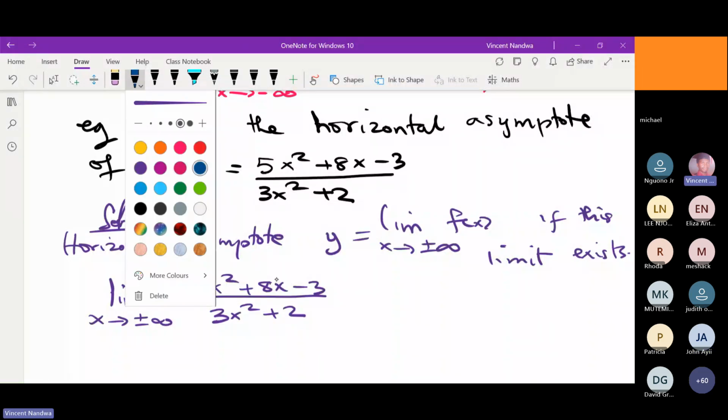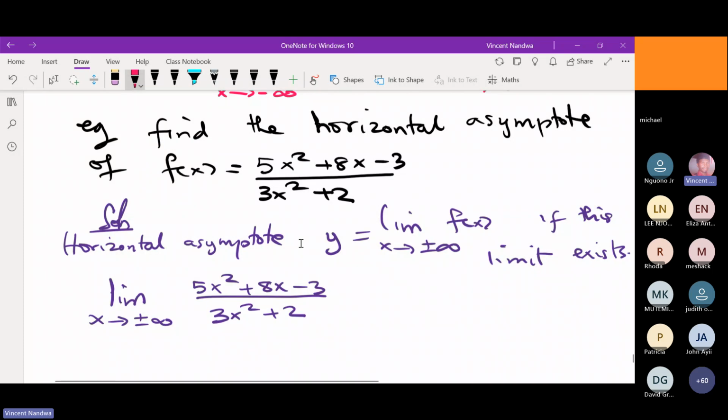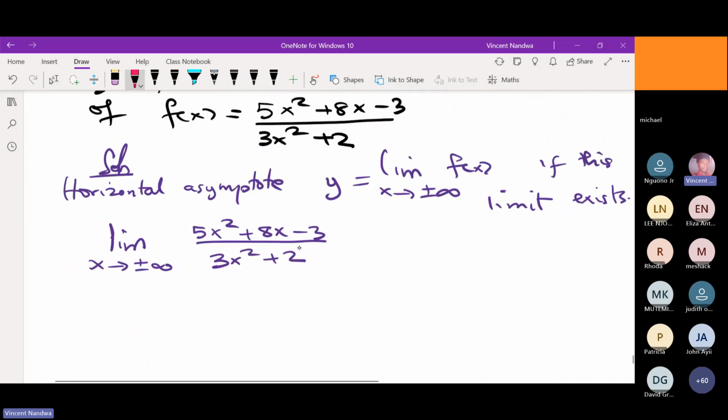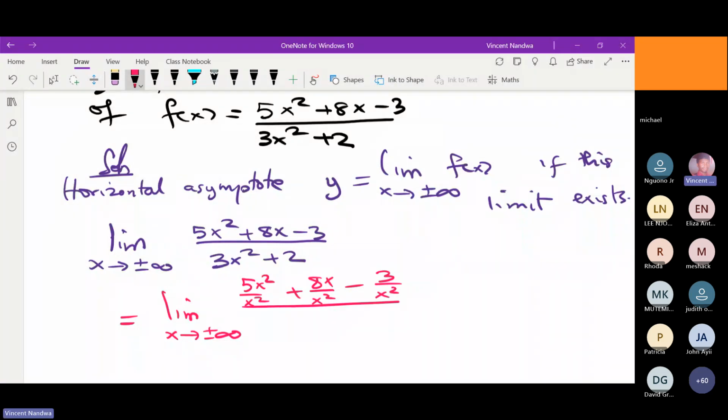Therefore, you take x squared and divide each term. So this will be limit as x approaches plus or minus infinity of 5x squared over x squared plus 8x over x squared minus 3 over x squared, divided by 3x squared over x squared plus 2 over x squared. That's the first step.